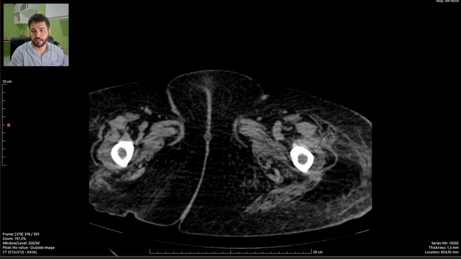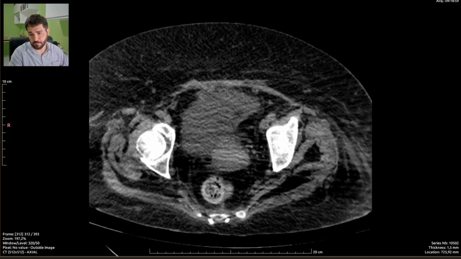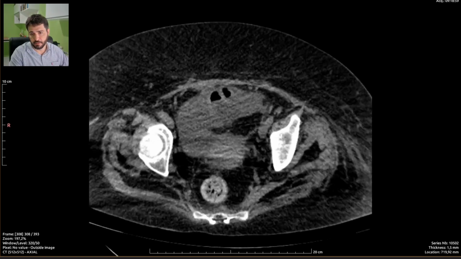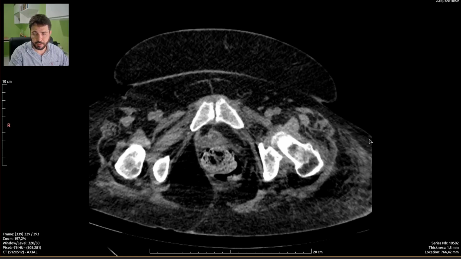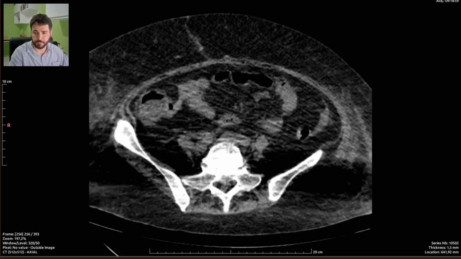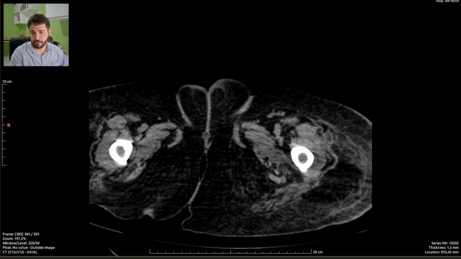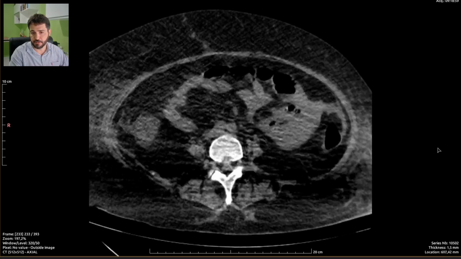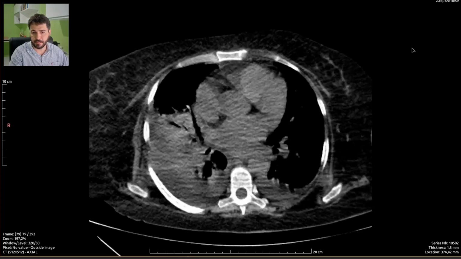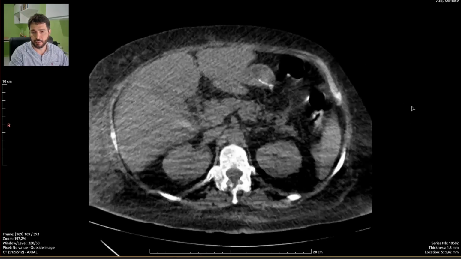If it's asymmetric, which we can't really tell here because the exam is very poorly done, but if we have a severe asymmetry of soft tissue edema, we should consider the possibility of a venous thrombosis, usually of the left lower limb.